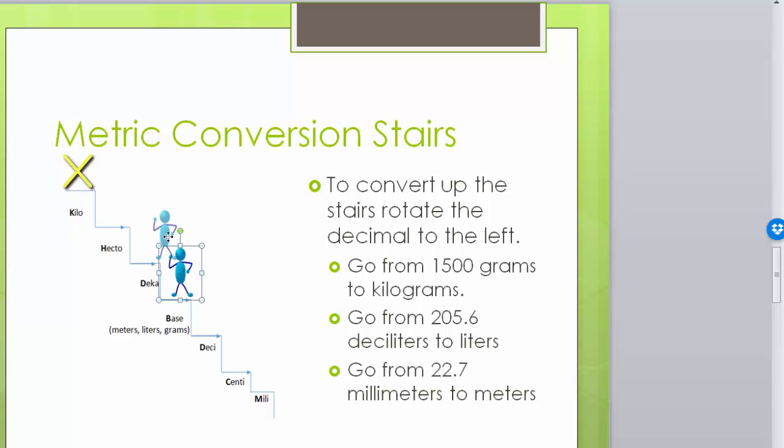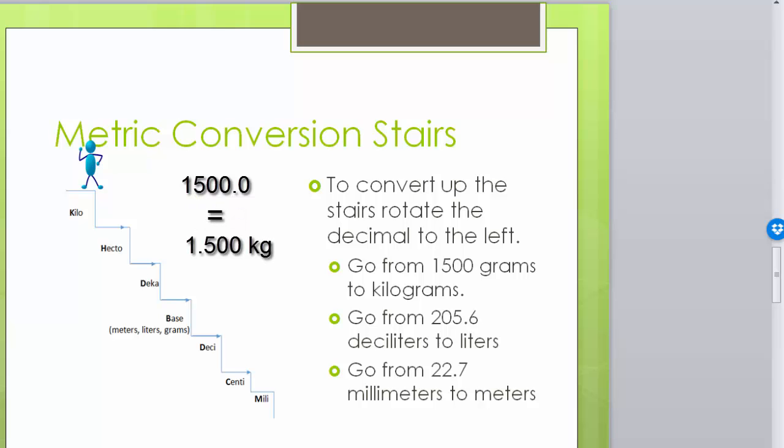I'd have to go up 1, 2, 3 places to get up to the kilo step. That means I'd have to rotate my decimal on 1,500 3 places to the left. Now remember, 1,500 is a whole number and it doesn't have a decimal in it. So I'm going to add a decimal to the right of the number and rotate it 3 times to the left. If we do that, you'll see that we get the answer of 1.5, or 1.500 kilograms.